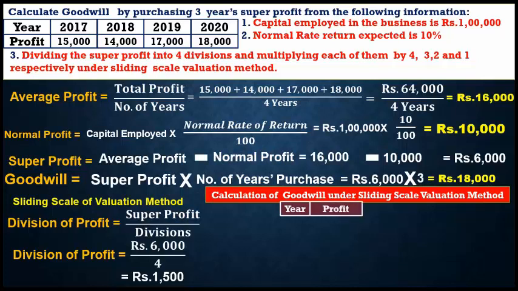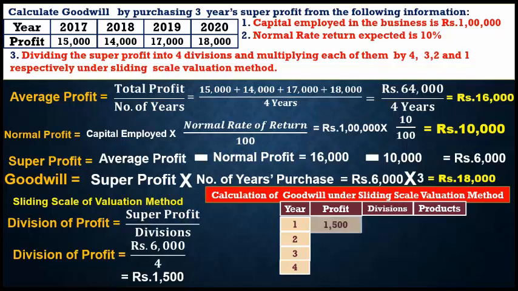Okay, calculation of goodwill under the sliding scale valuation method. First column year, second column profit, third column divisions, fourth column products. Now write all the years: 1, 2, 3, 4, because in this problem 4 years are given. For profit, you have to take the division of profit, the same for all years: 1,500, 1,500, 1,500 and 1,500.